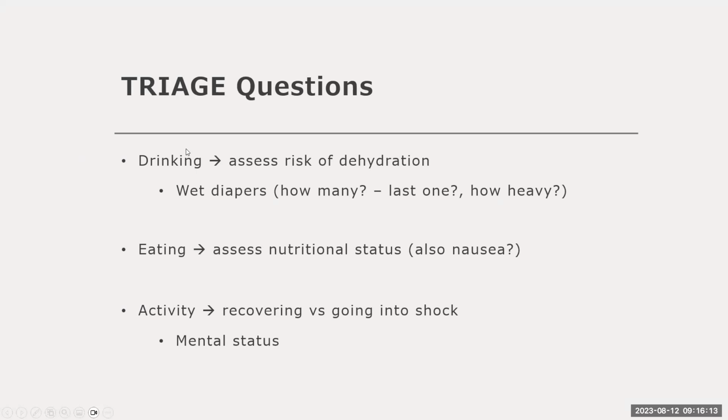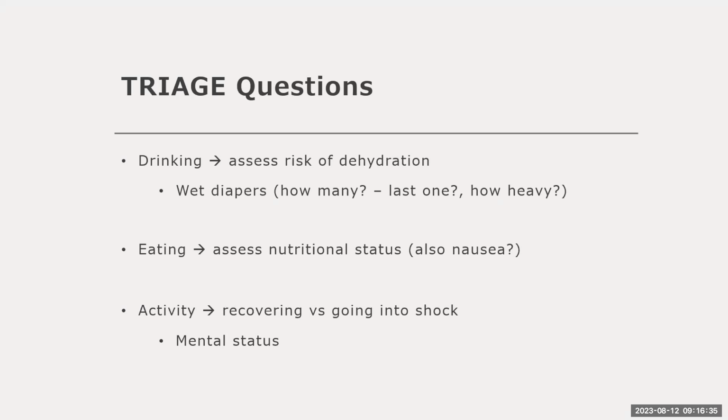So I always make sure that I talk with parents about their drinking level at the moment. Usually for babies who are still breastfeeding or bottle feeding, I would ask how much they are taking by the bottle. Have they been finishing all of their regular bottle, or have they been not finishing them?